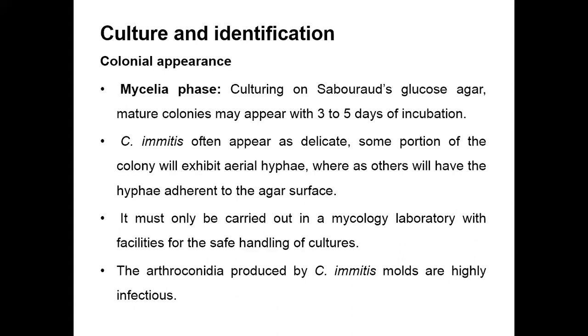Now, what are these spores called, right? Because it possesses aerial hyphae, the conidia or the spores are called arthroconidia. Arthroconidia are the most infectious part and can travel through air also, right?